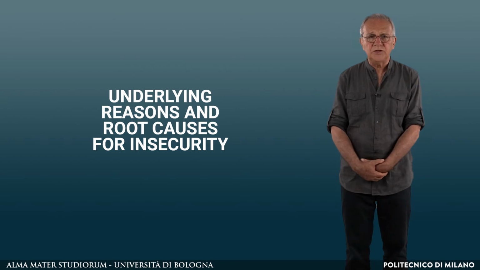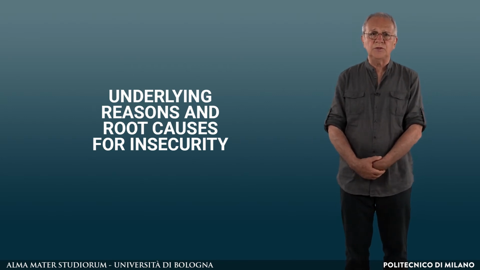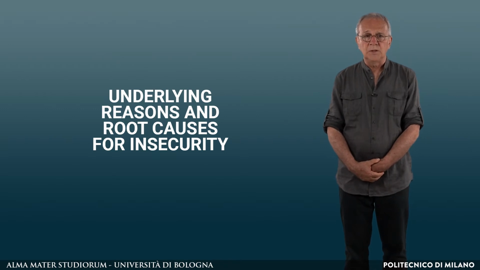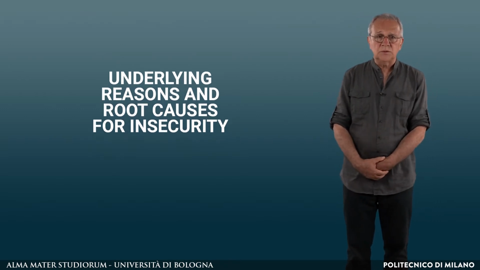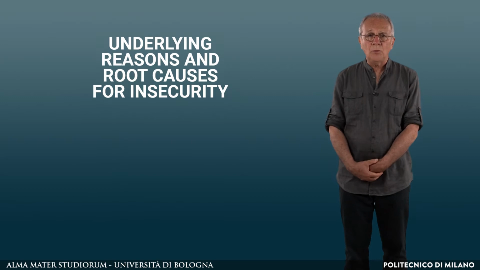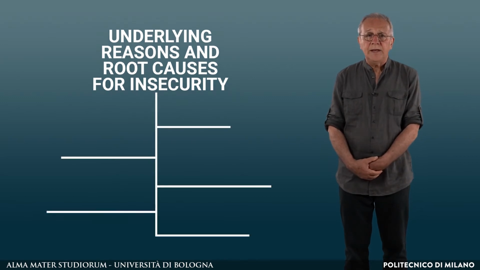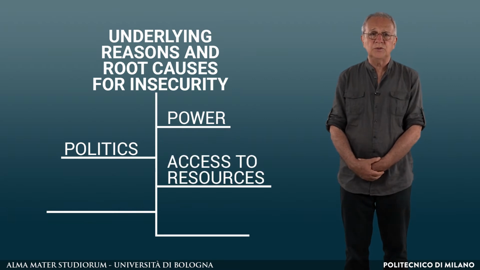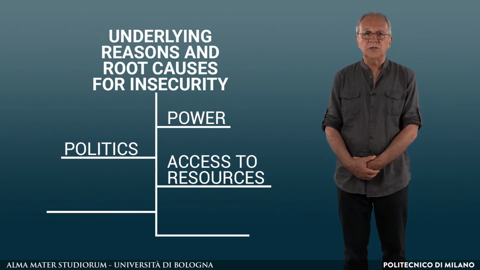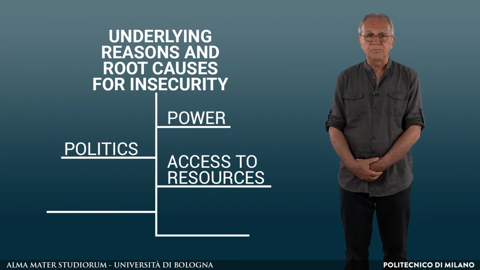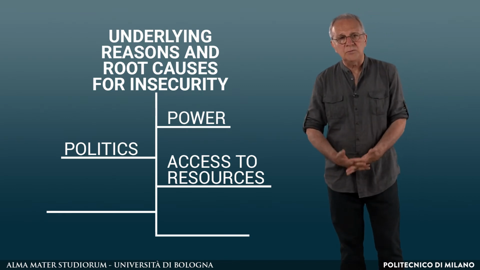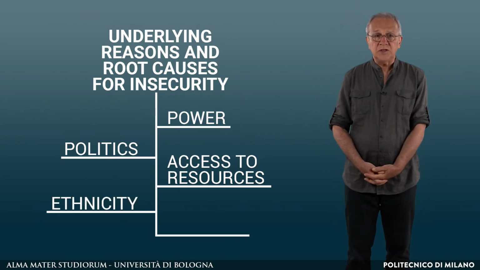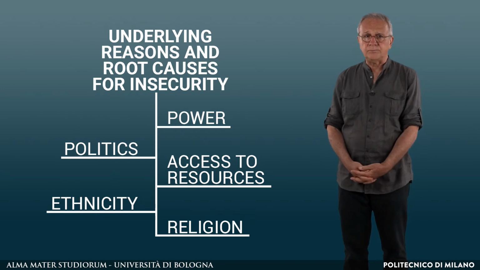Understanding the underlying reasons and root causes for insecurity of a given context can be helpful. They can be numerous, diverse, and complex, and may relate to power, politics, and/or access to resources, including financial, natural, and land. They may have additional dimensions, such as ethnicity or religion.